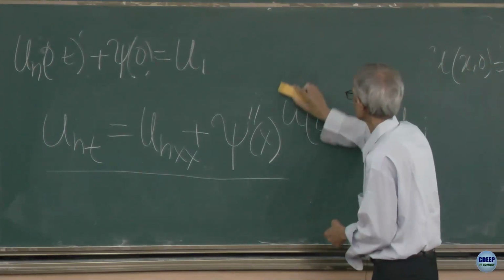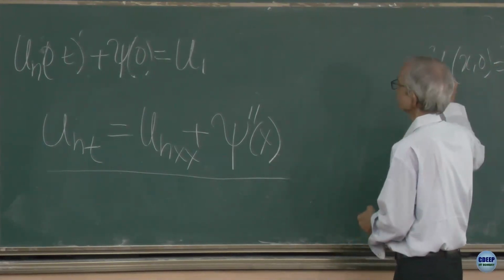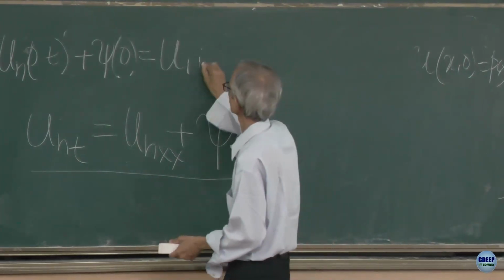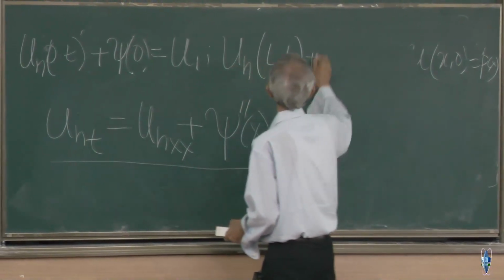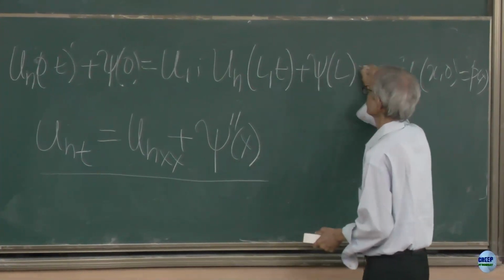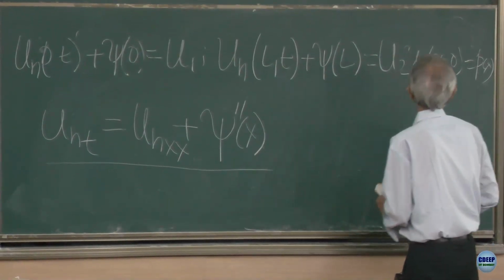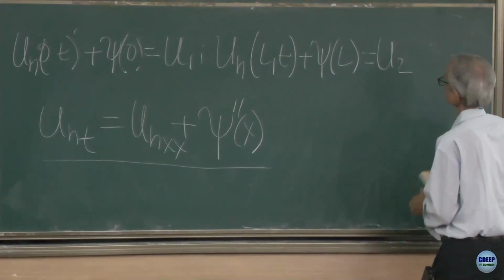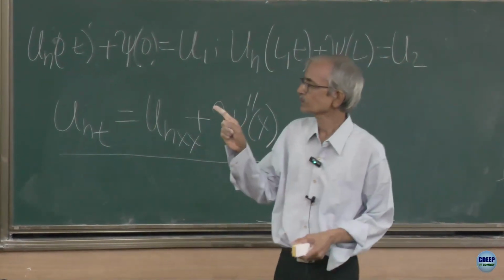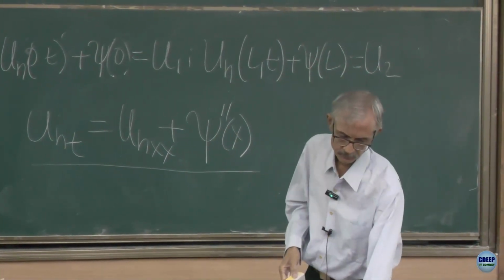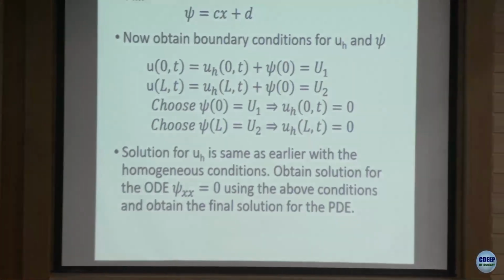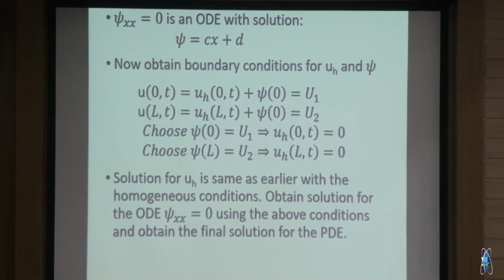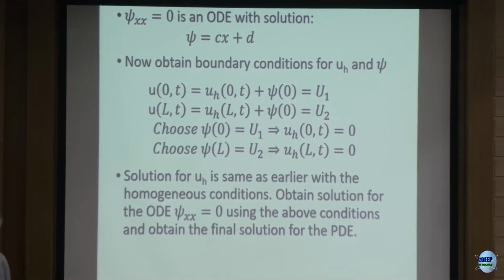The other condition is u at L and t is equal to u2. So u_h at L and t plus psi at L is equal to u2. Okay. So we have said that u_h(0,t) plus psi(0) is equal to this much, and this is equal to this much.